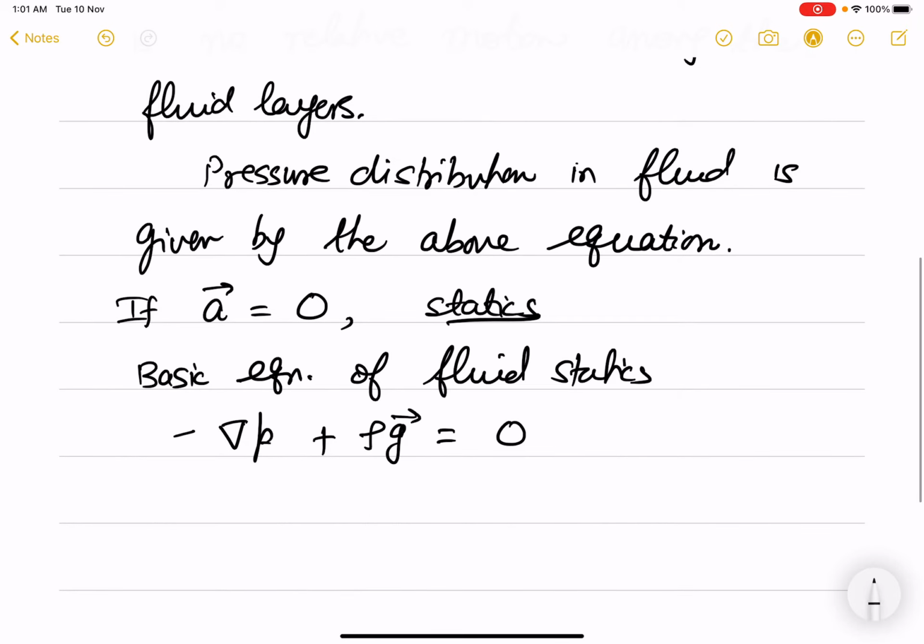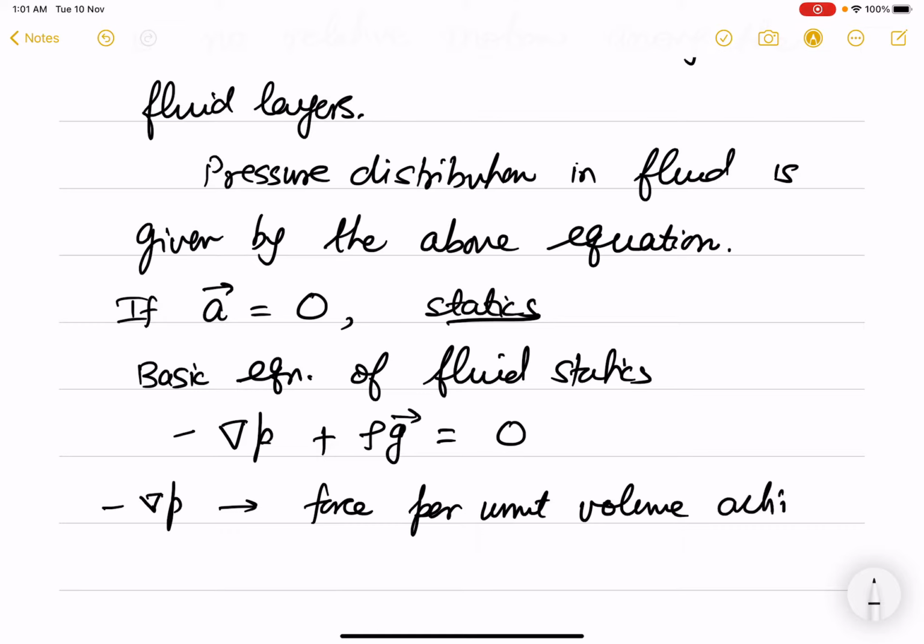Now, as we explained, minus grad P is the force per unit volume acting on an element of fluid.